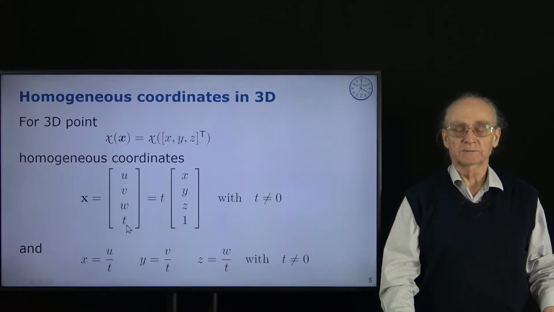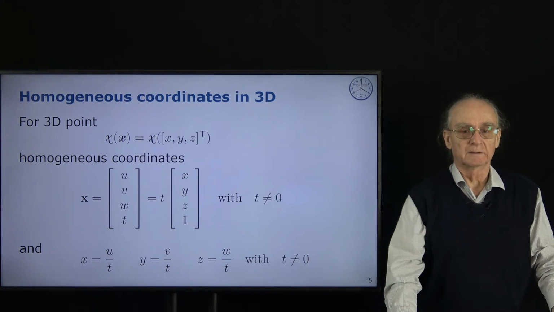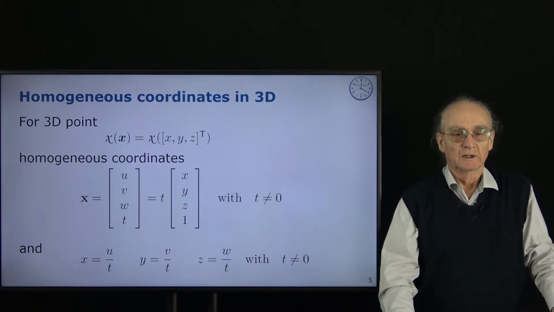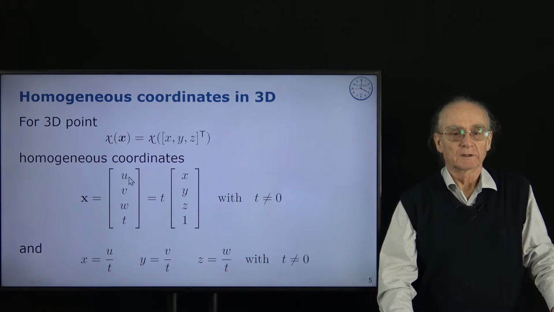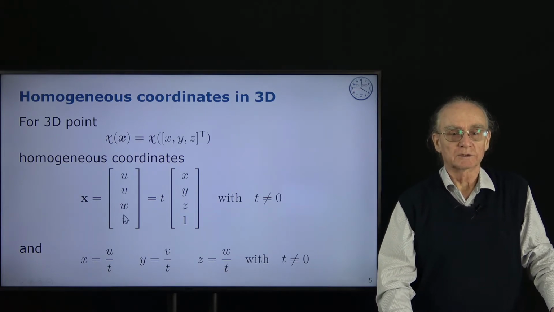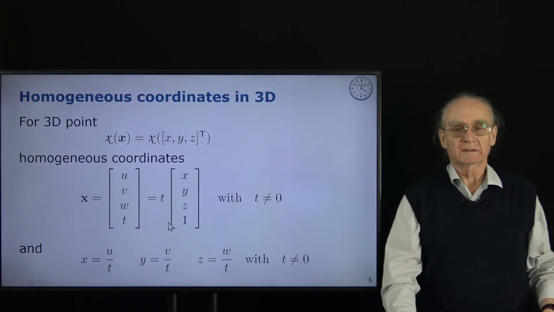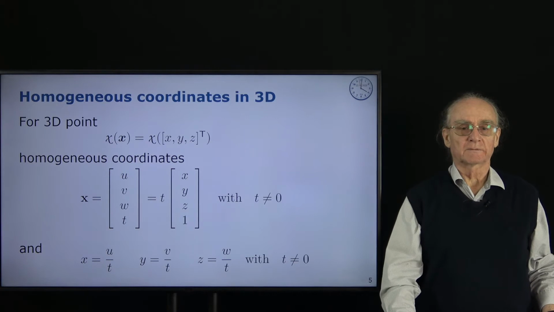In our context, we will always assume t is 1, so things are simplified in the context of this lecture. And of course, if we have given a homogeneous vector u, v, w, t, we easily can derive the non-homogeneous coordinates by dividing the u, v, w by t. So this is exactly the same as in 2D, except that we have a w and a z here.